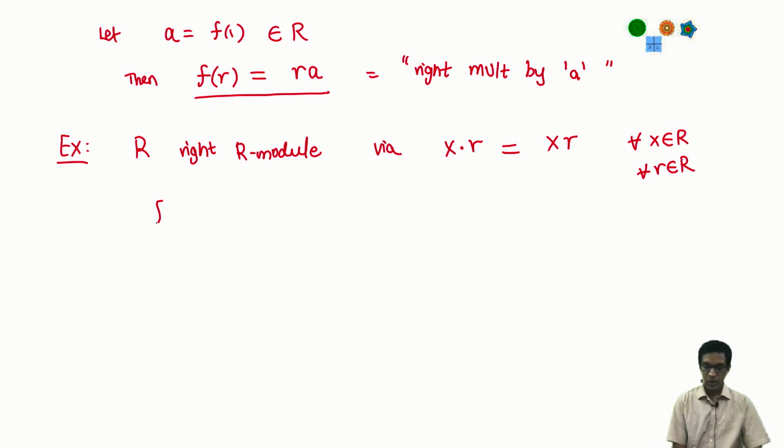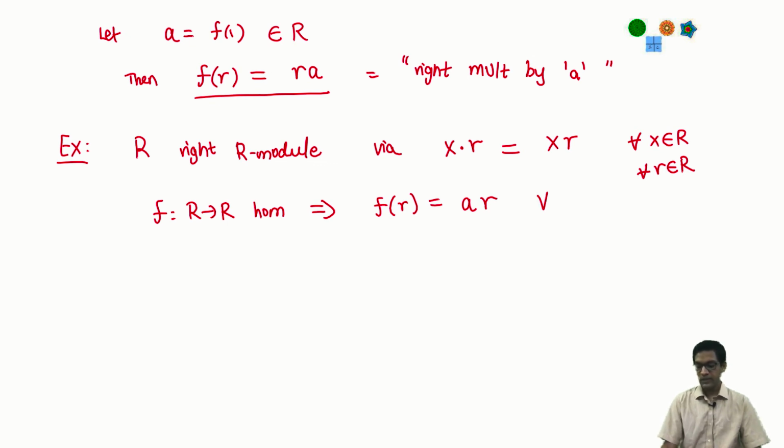Then what do homomorphisms look like? Then f from R to R, homomorphisms are exactly of the following kind. It just takes a ring element r and multiplies on the left by some element a of the ring. f of r is this for some fixed element a in the ring R. Okay, so this is the left multiplication by a map.